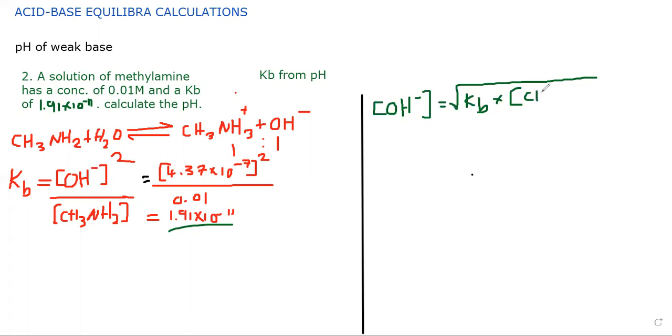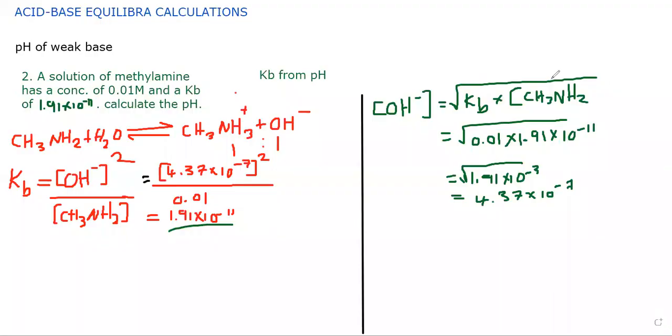That is CH3NH2. I'm going to pause it here and finish working it out. All right, so there we have it. We have the hydroxide ion concentration.